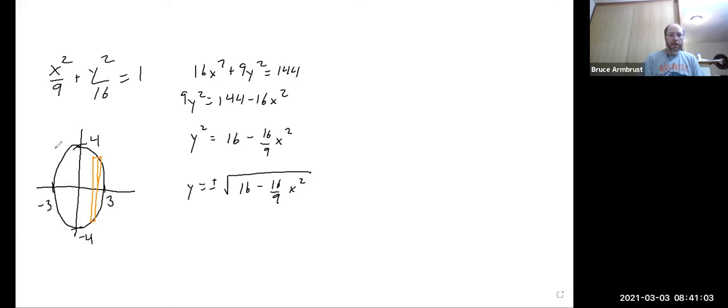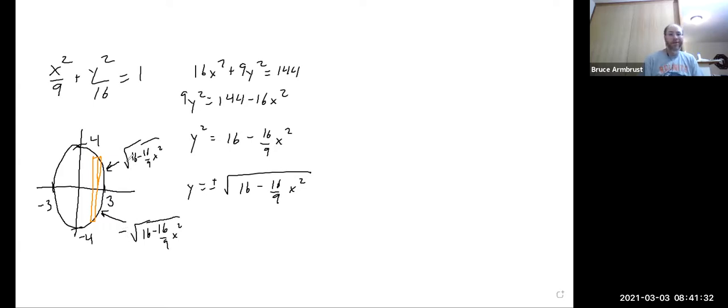Okay. So the top is the positive square root, and the bottom is the negative square root. So the top side here is the positive square root of this stuff. And then the bottom is the negative square root. So if I do top minus bottom, subtracting the negative is the same as adding.